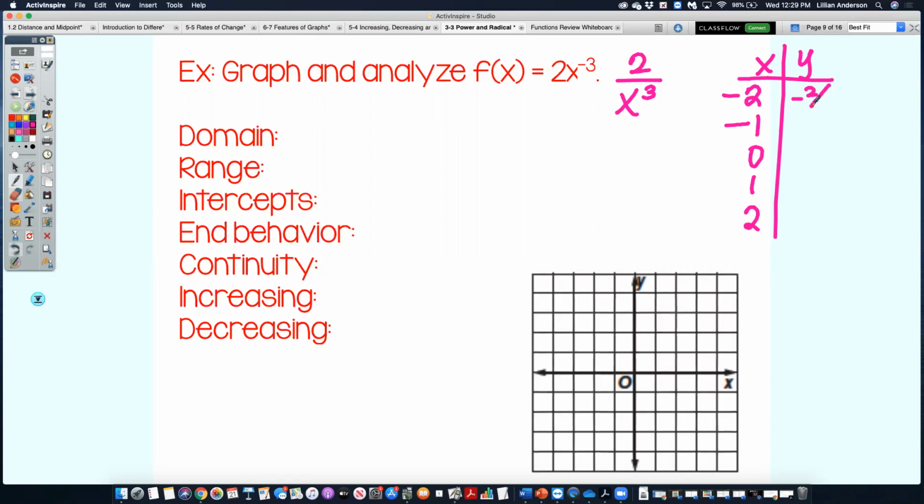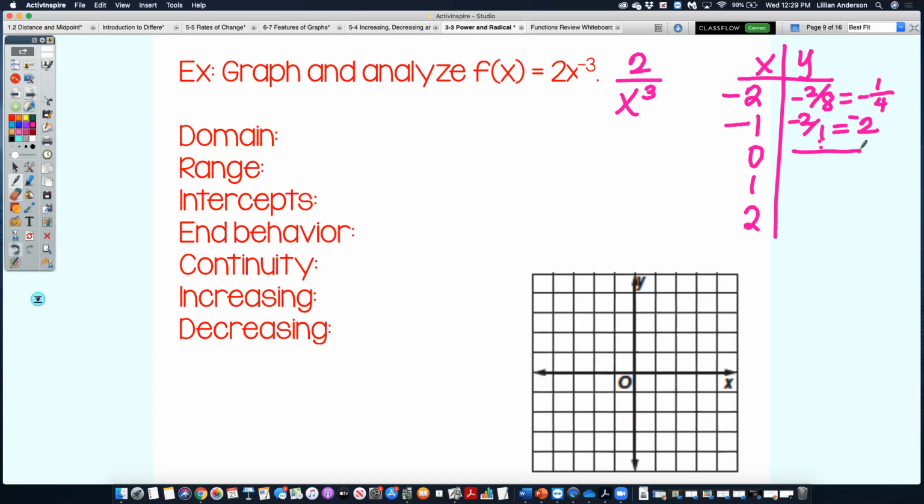So this becomes negative 2 over 8, which is the same thing as saying negative 1/4. When I plug in negative 1, what's negative 1 to the third power? So this becomes negative 2 over 1, which is just equal to negative 2. What happens when I plug in 0?